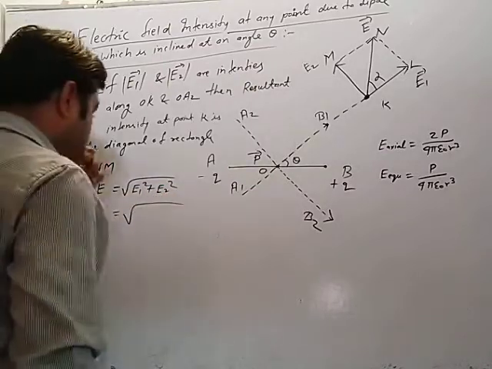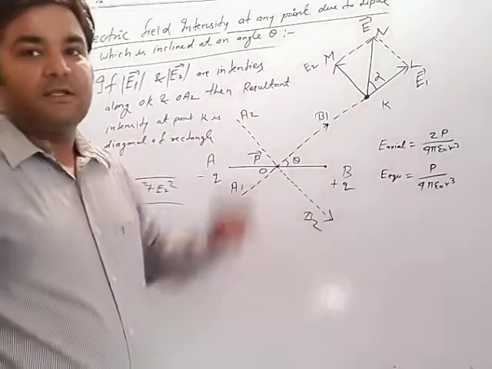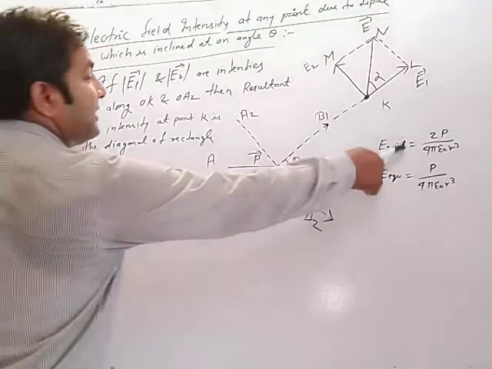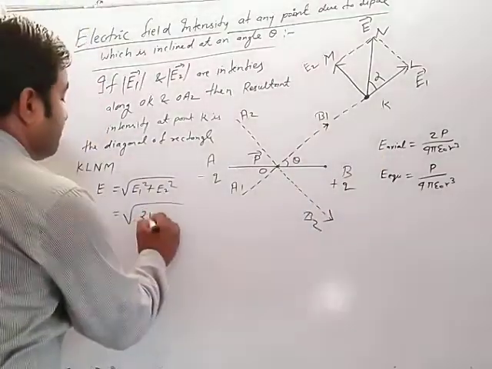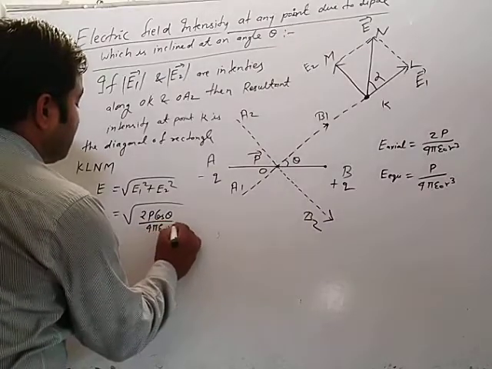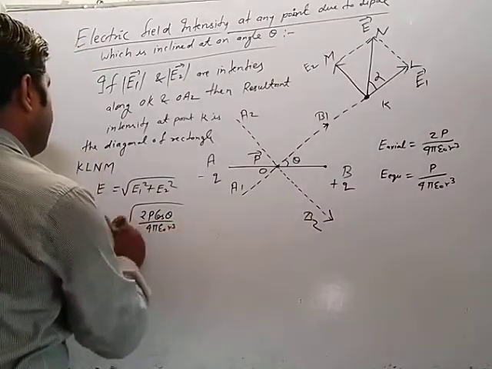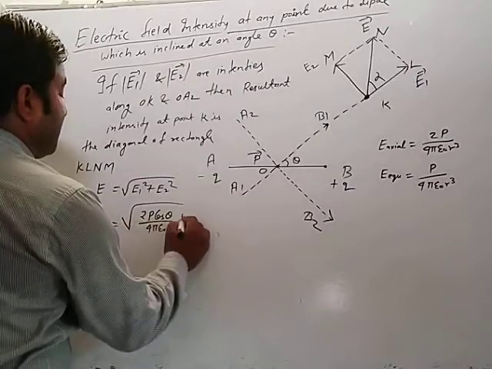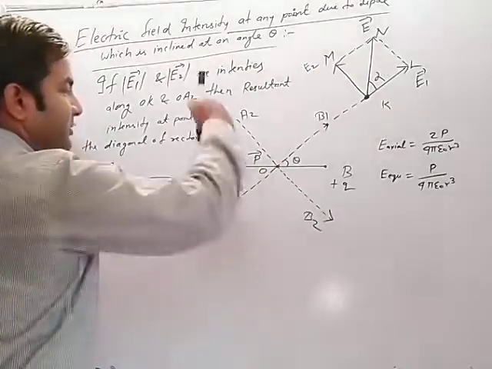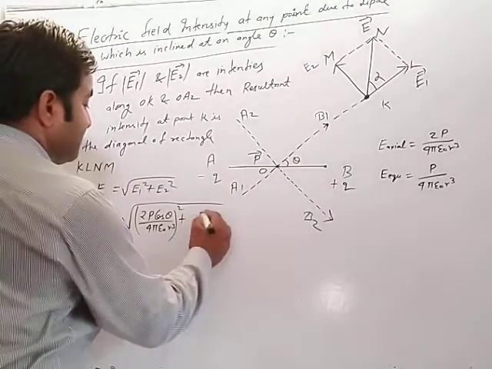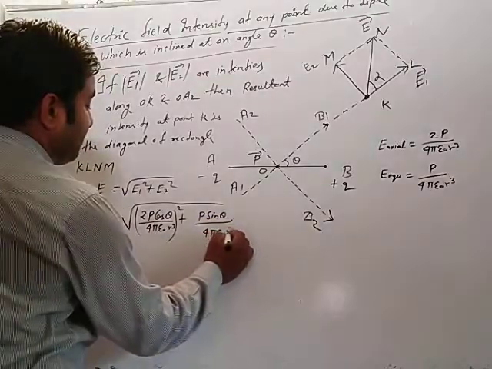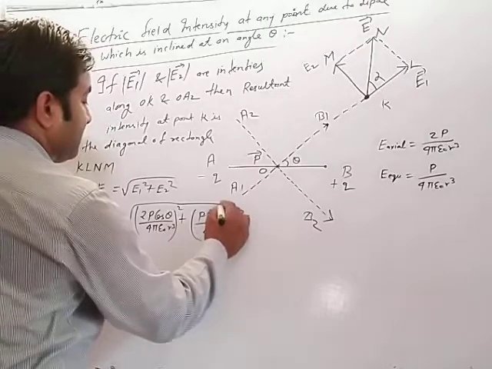The value of E1, in the axial case, uses the cos component of p in this formula, so 2p cos theta upon 4 pi epsilon naught r cube, plus, this is a square term, and in the equatorial condition it is p sin theta upon 4 pi epsilon naught r cube, whole square.